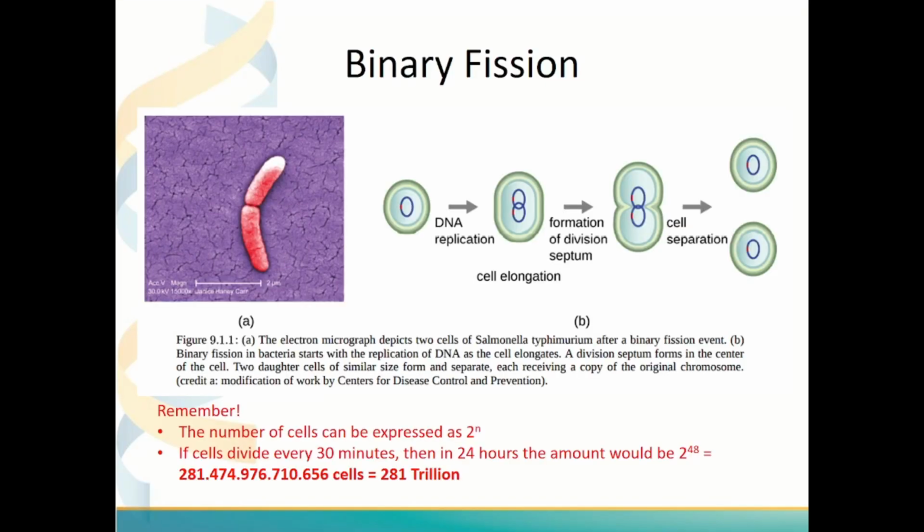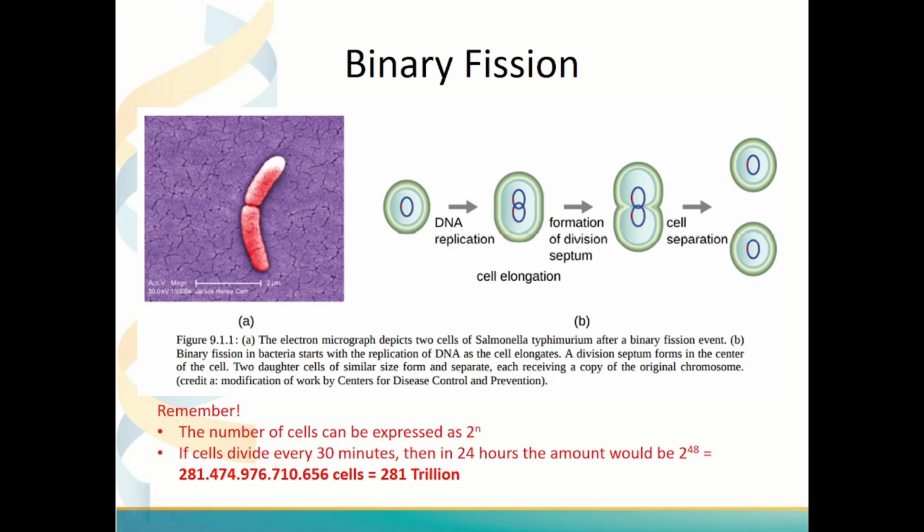Now let's discuss how bacteria actually reproduce. Bacteria reproduce through a mechanism we call binary fission. As you can see from the picture, binary fission is separated into several steps. The first one is DNA replication, and the second one is the formation of the division septum, where the cell elongates, and after that the cell separation.